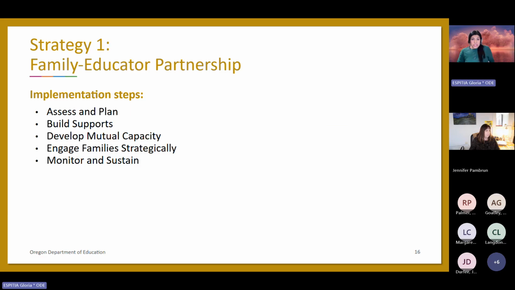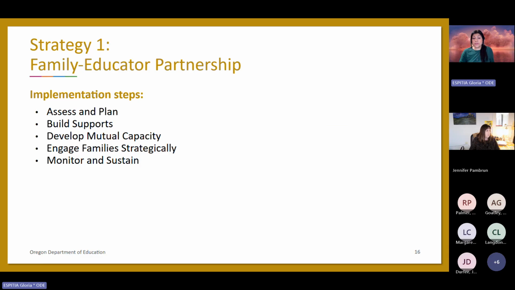So our implementation steps for this strategy are to assess the current engagement practices, to identify where you have strengths in your systems and where there are gaps, and then gather input from families and staff.